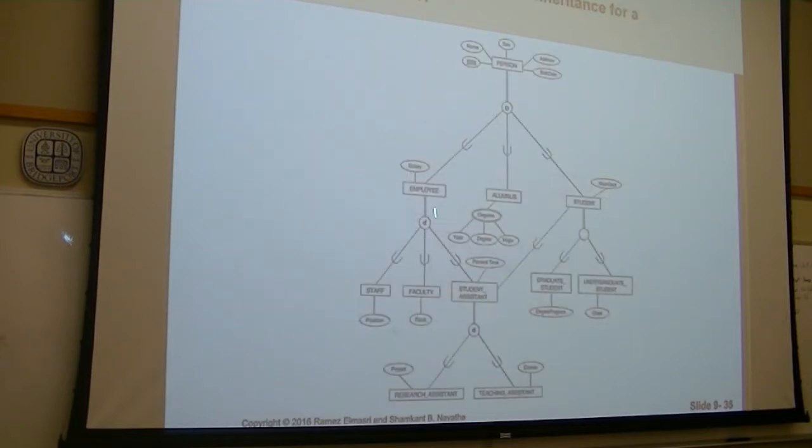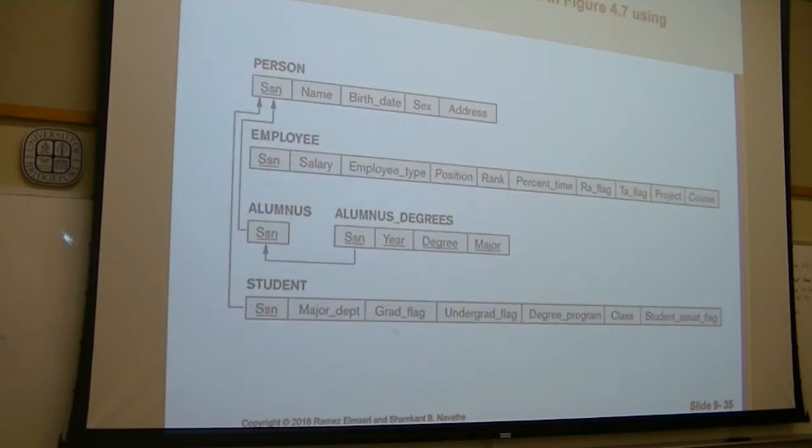Then the next question. Take a look at the employee as a superclass, and staff, faculty, and student assistant are the subclasses in the super and subclass relationship. It's a disjoint, okay? Then it's a mandatory full participation, and that's it. So we need to take a look at the employee.